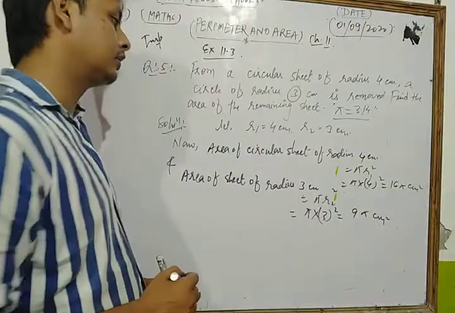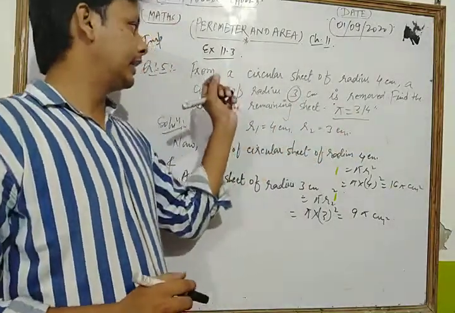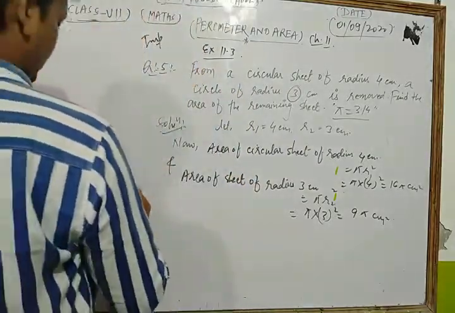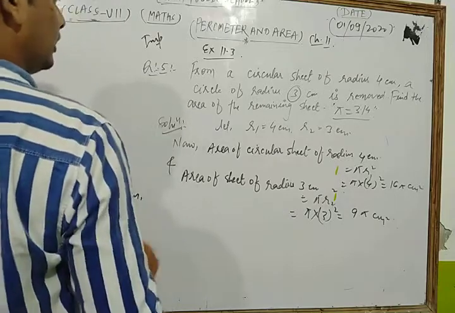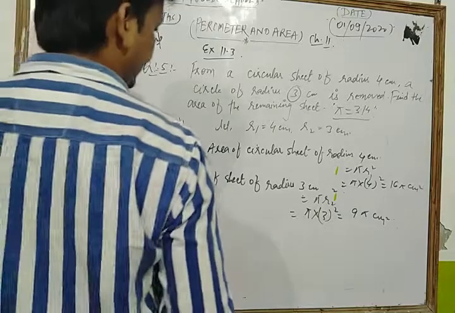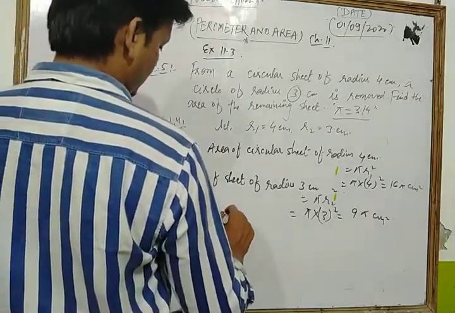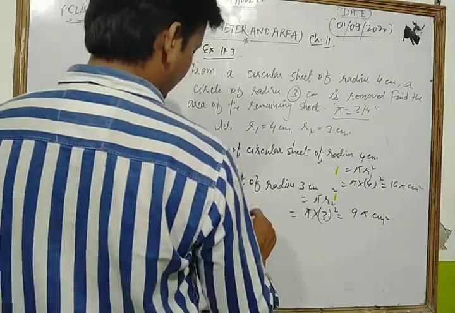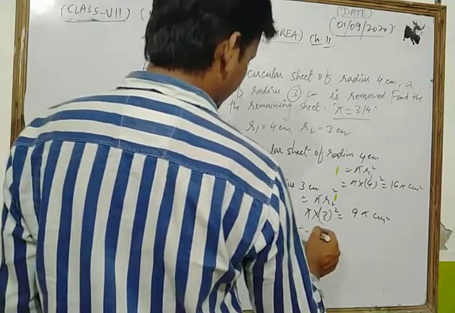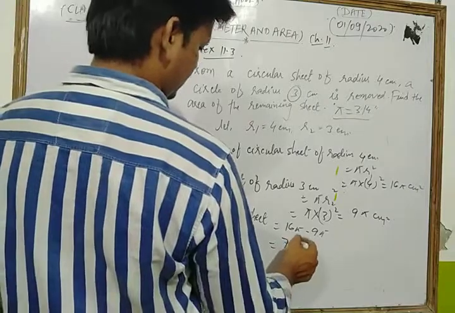Now, dear students, we find the area of the remaining sheet, because the circular sheet of 3 centimeter is removed. So thus the area of the remaining sheet will be 16 pi minus 9 pi, we get 7 into pi.